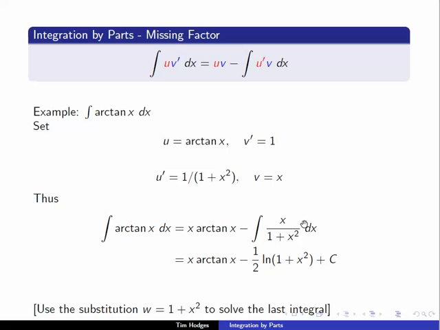1 plus x squared. Now, this is why integration by parts works surprisingly in this situation, because this integral we can integrate using substitution. We take the substitution u equals 1 plus x squared, du is 2x dx, so we end up with a half 1 over u du, which becomes a half log 1 plus x squared.